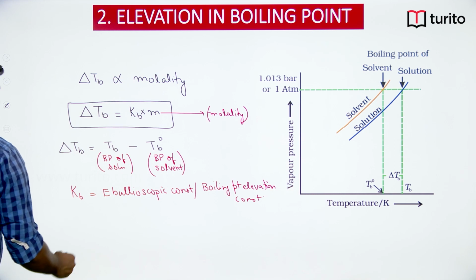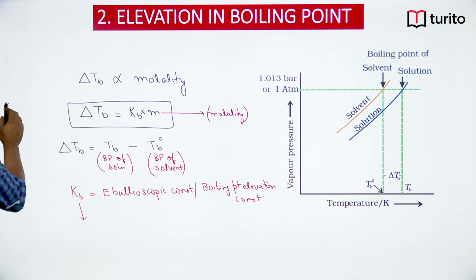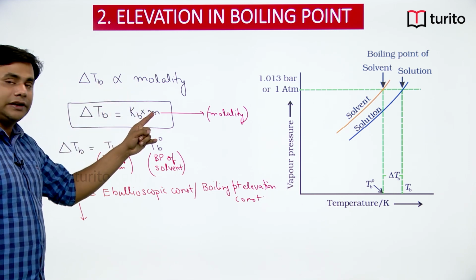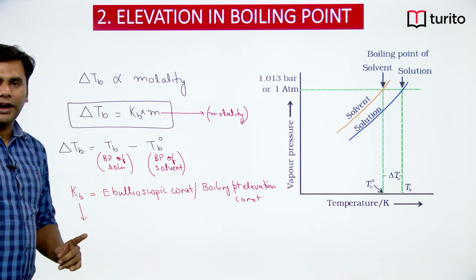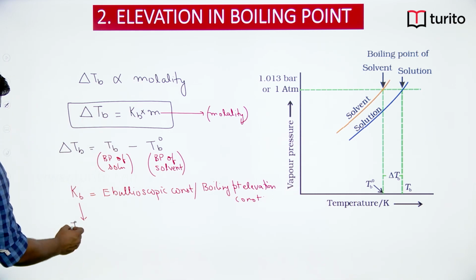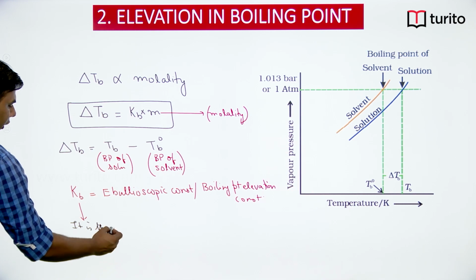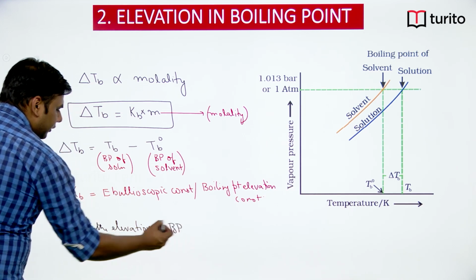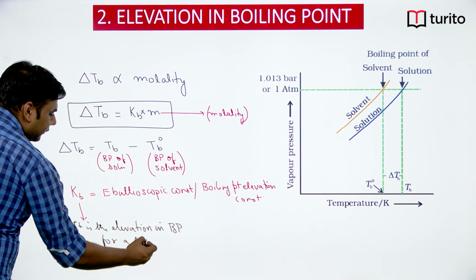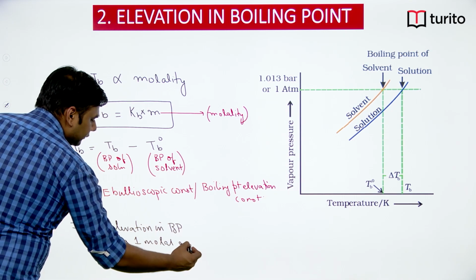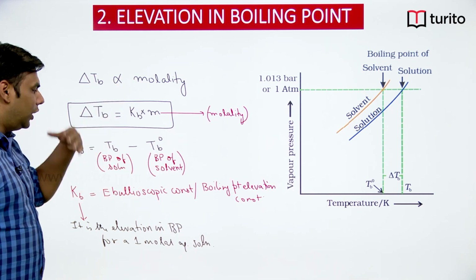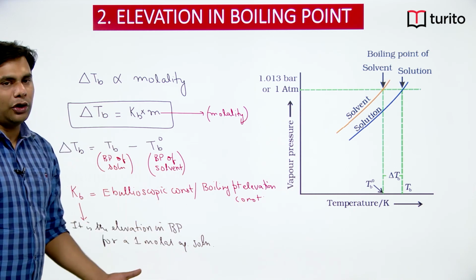This can be defined as the elevation in the boiling point for a 1 molal solution. When the molality is 1, the value of Kb would be equal to delta Tb. So we'll define it as the elevation in boiling point for a 1 molal aqueous solution. Hope this is clear to everyone.